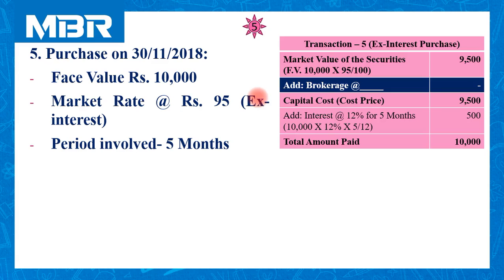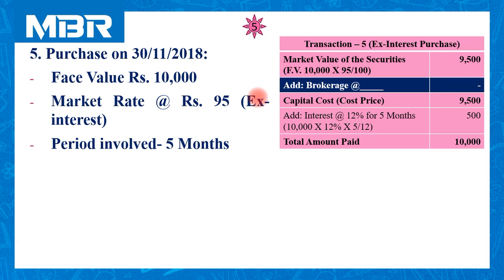Market value of the securities at the rate of 95 for face value of rupees 10,000 is 9,500. It is an ex-interest purchase, so we need to pay the amount of interest extra. So capital cost is rupees 9,500. Here we need to pay the amount of interest in addition to the rate decided for purchase.